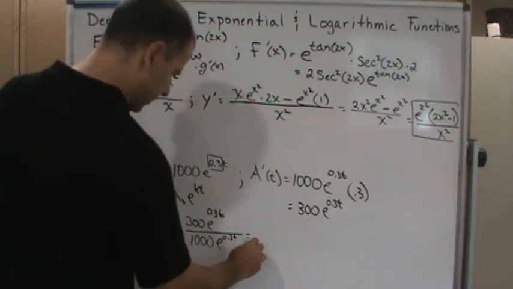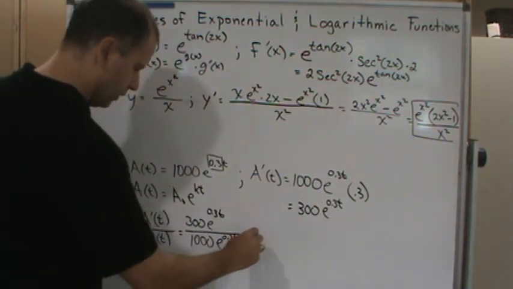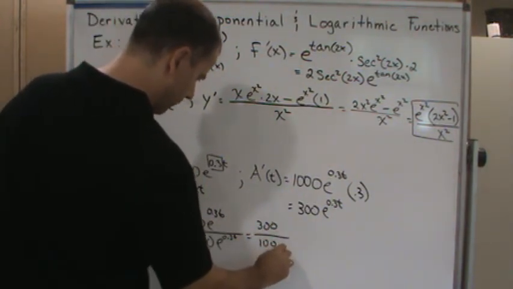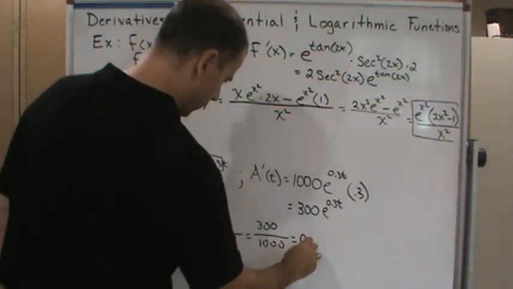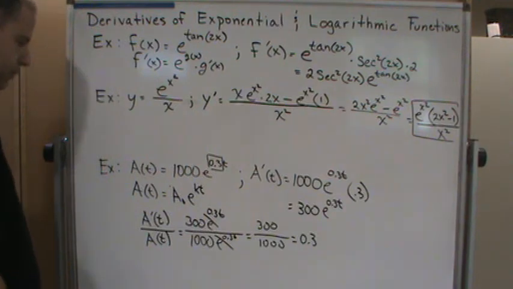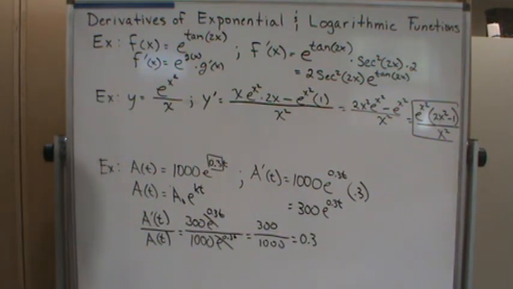Well, this just reduces to 300 over 1,000, which gives you 0.3. These cancel. These divide out.